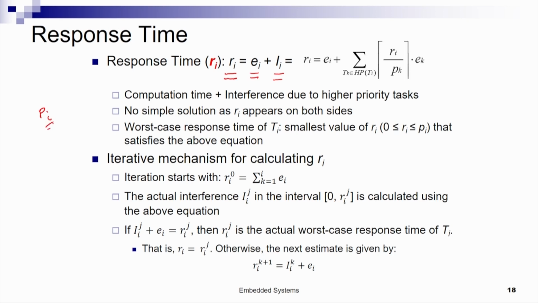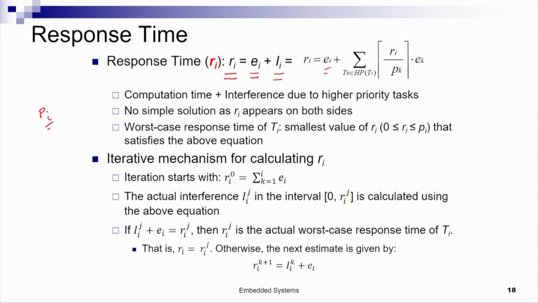Within this period Pi, it has to complete its own execution Ei, and whenever a task with a shorter period comes, I must allow it to execute. So, I must allow the execution of all instances of higher priority or shorter period tasks that come within Pi.